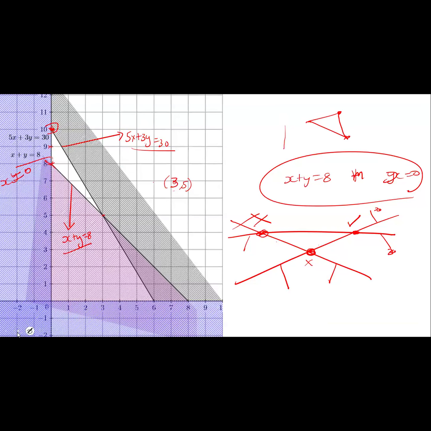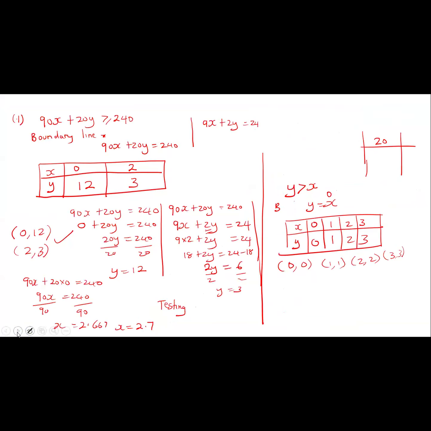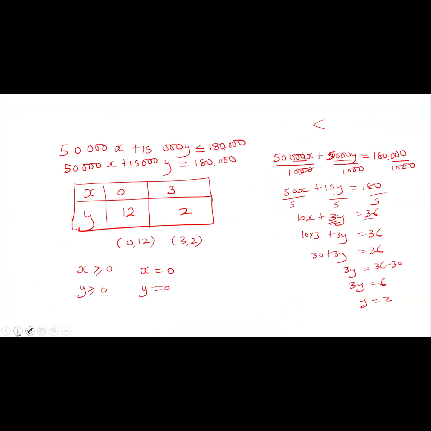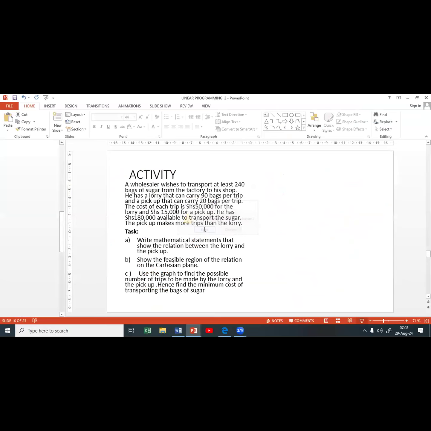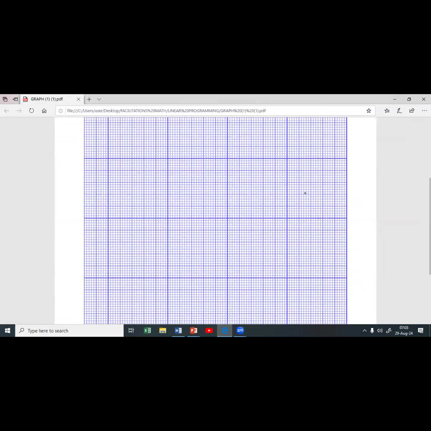Okay, now allow me, I'm going to do the plotting also as you do yours. Let me go to my graph. This is my graph. Now, when you are plotting on these graphs, please take note.